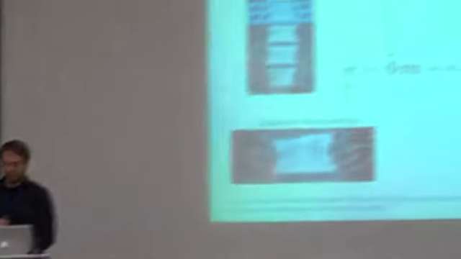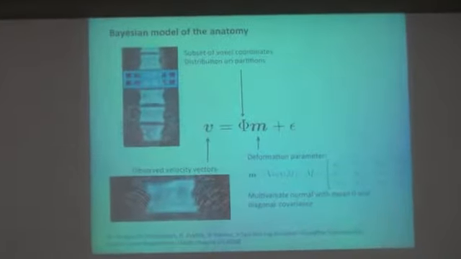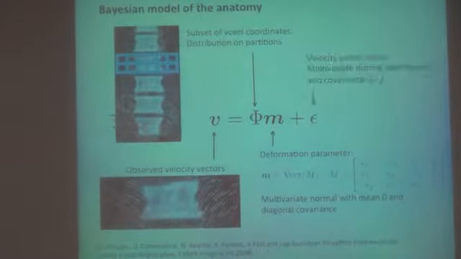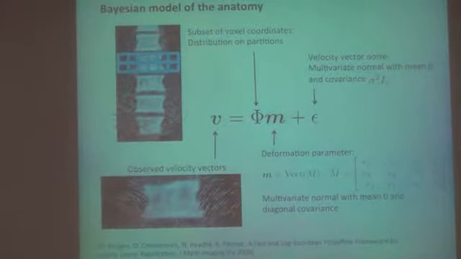So we observe these velocity fields that describe deformations, and we describe them as different parts of the image domain moving according to some affine motion, which is parameterized with this vectorized matrix M, and multivariate noise at every vector position.